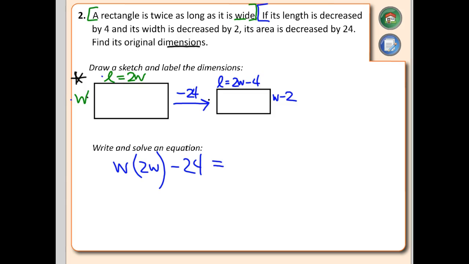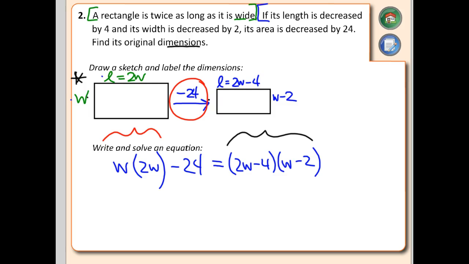Well, it's length times width, so that's going to be 2W minus 4 times W minus 2. Now look at that. Does it make sense? Okay, we took the area of the original, we decreased it by 24 to get the area of the new smaller rectangle.